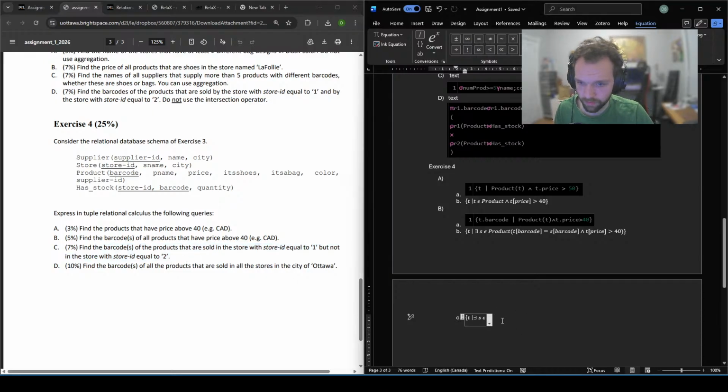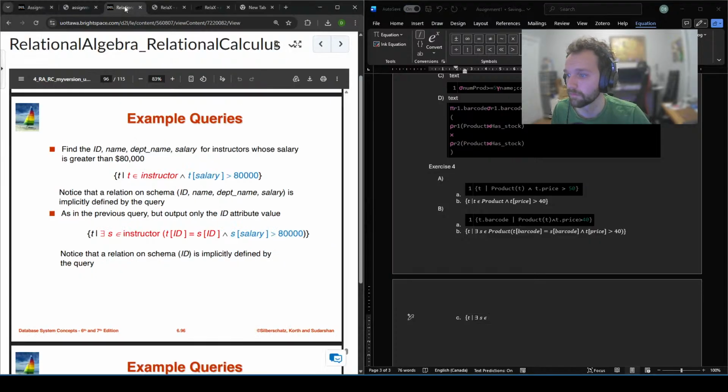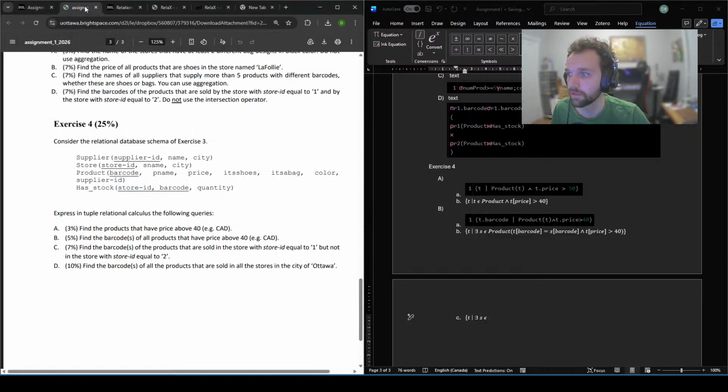Find all the barcodes. Okay. So that's going to be which relation here? Has stock? Yes.